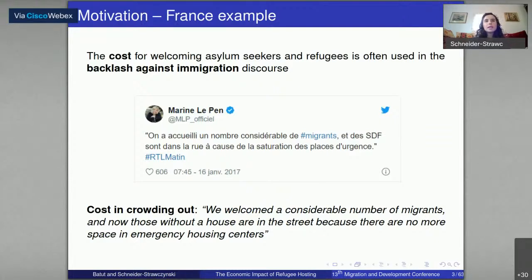Here you can see a tweet of the far-right leader Marine Le Pen, who says, "We welcomed a considerable number of migrants, and now those without a house are in the street because there is no more space in emergency housing centers." So she's invoking this crowding out cost against immigration.